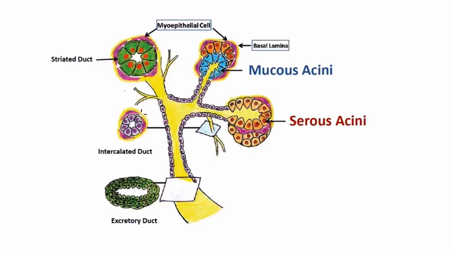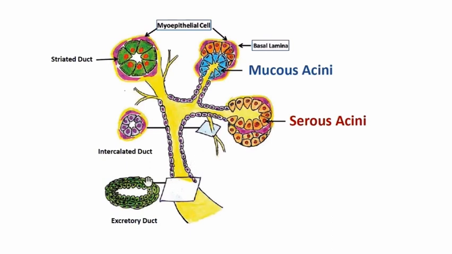The intercalated and the striated ducts are both called intralobular because they are located within the lobule. Striated ducts modify the saliva, and they become interlobular when they open to the excretory or collecting ducts.